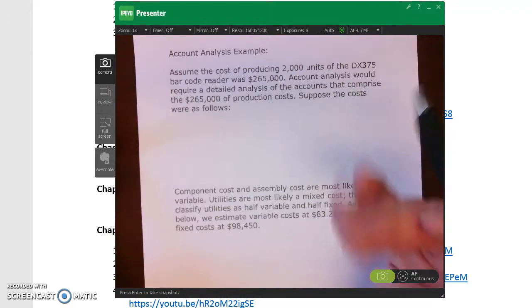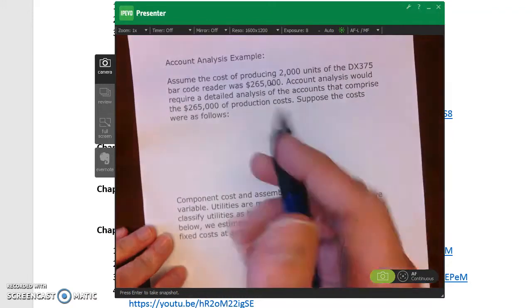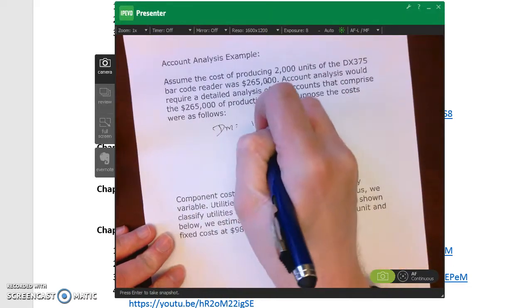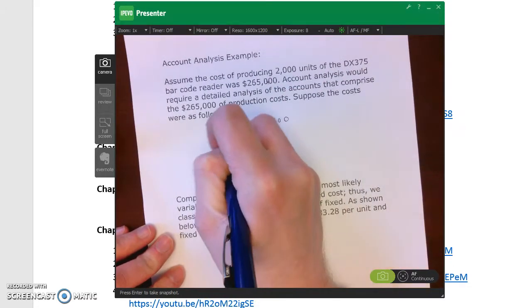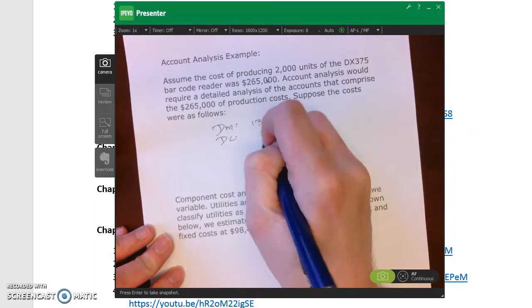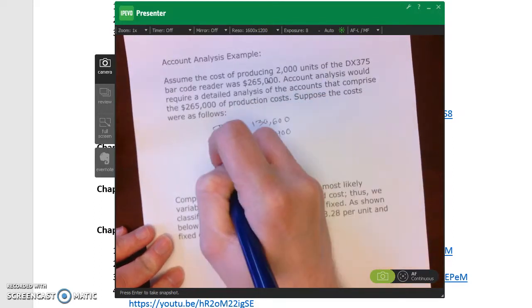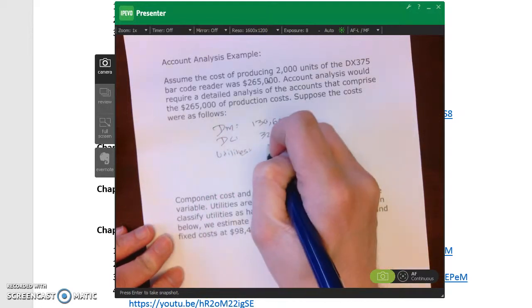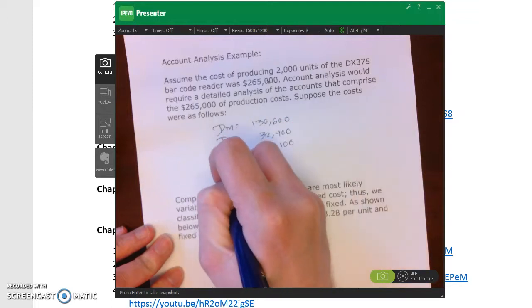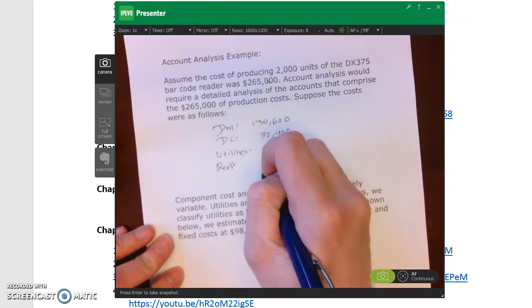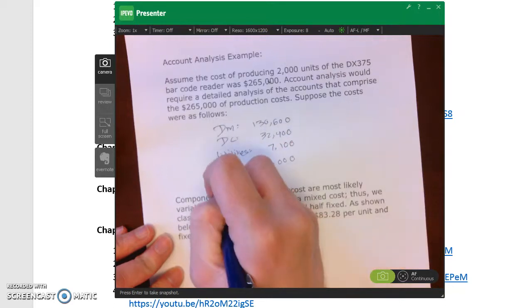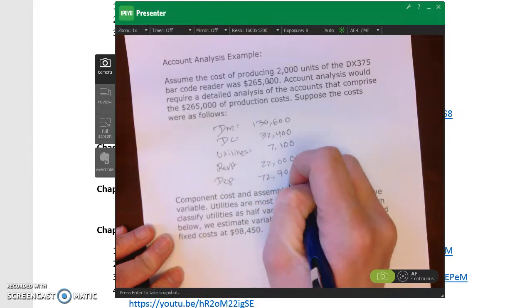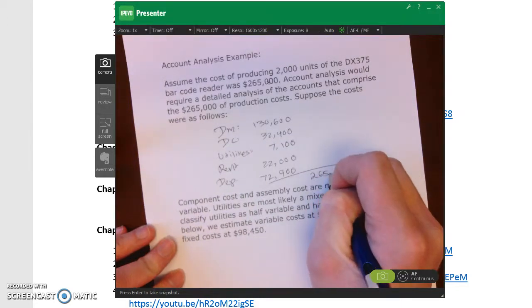Let's say that we have direct materials equal to $130,600, direct labor of $32,400, utilities equal to $7,100, rent of $22,000, and depreciation of $72,900, and then we add up all these, you get that $265,000.